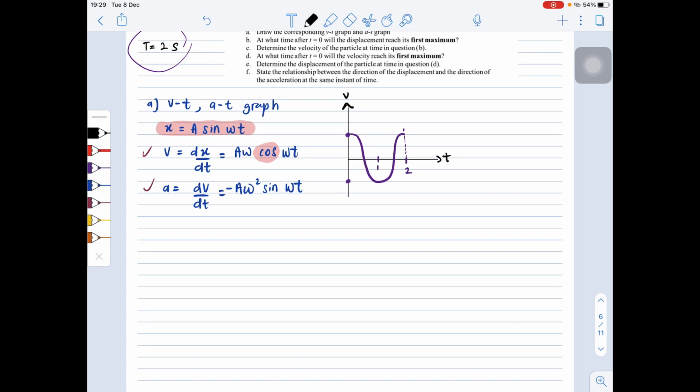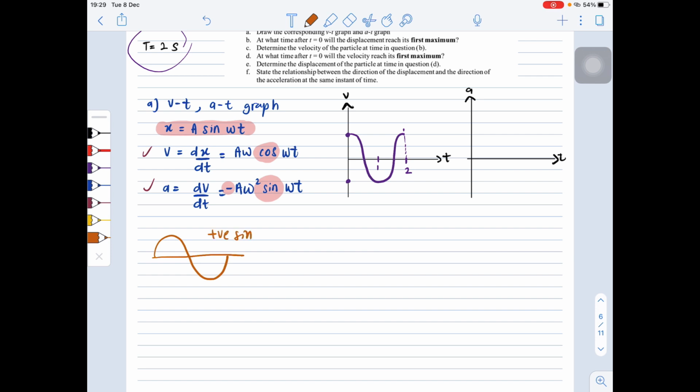And then we have for acceleration pula, so here A and T. And then for acceleration dia adalah sin graph, and dekat sini kita ada negative. So kalau sin, ingat lagi untuk positive sin dia akan jadi macam ni kan. This is positive sin.